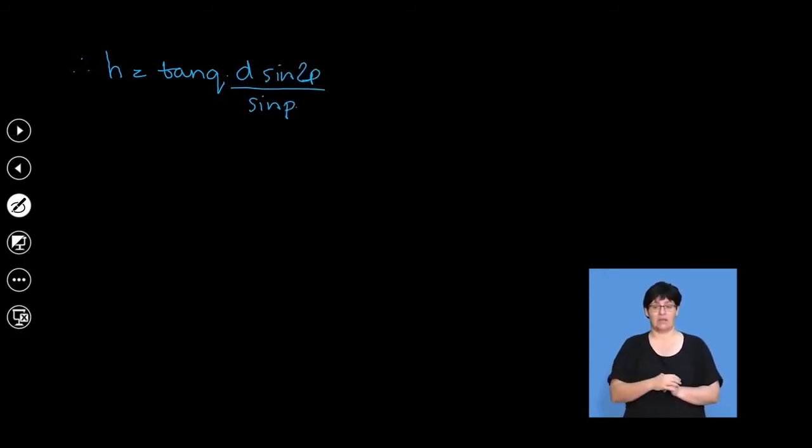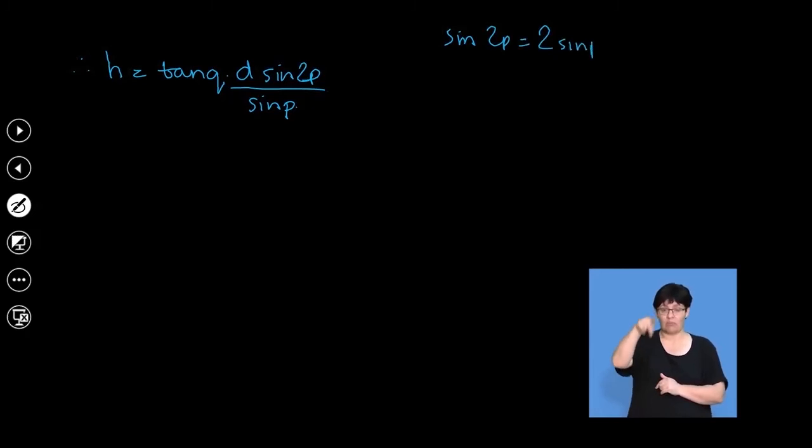And the last thing we need to do here to make this expression look like we want it to look with a cos is we need to rewrite the sine of 2p as 2 sine of p times cos of p.